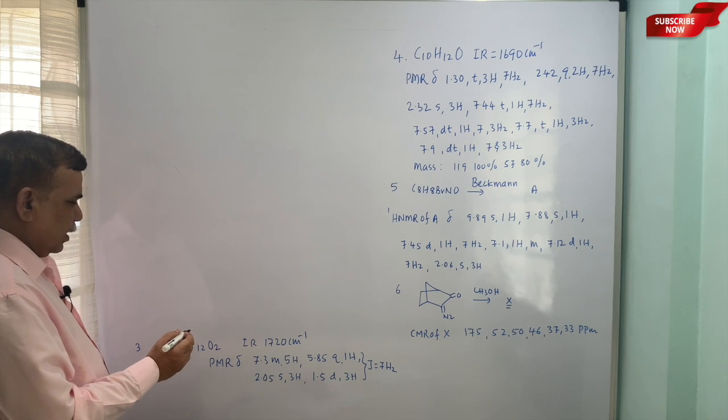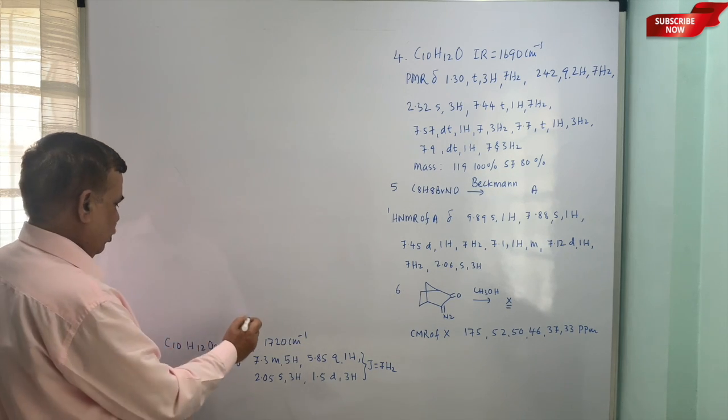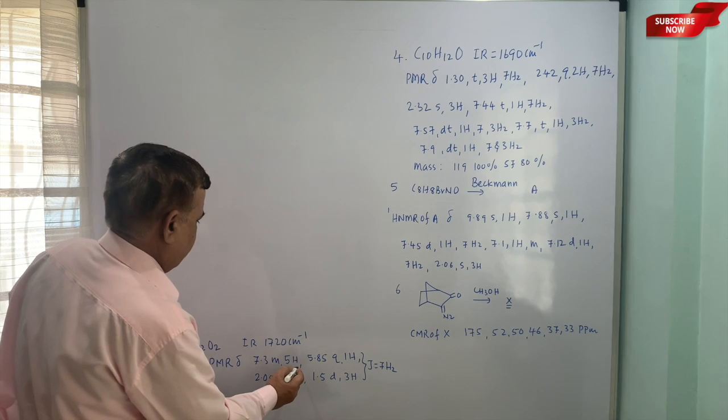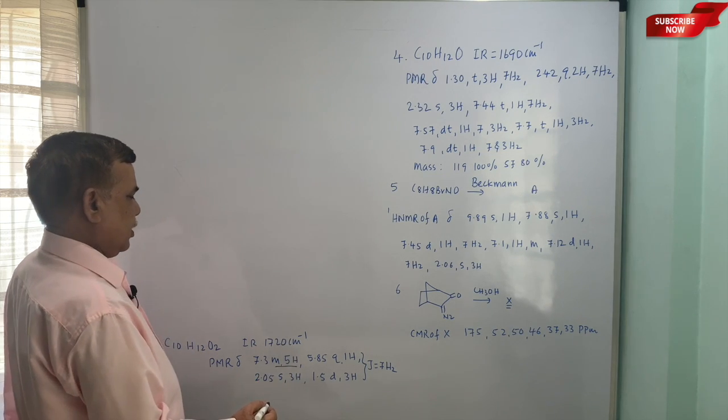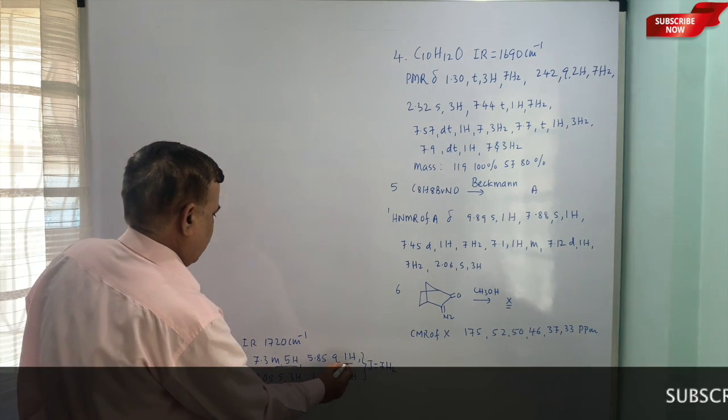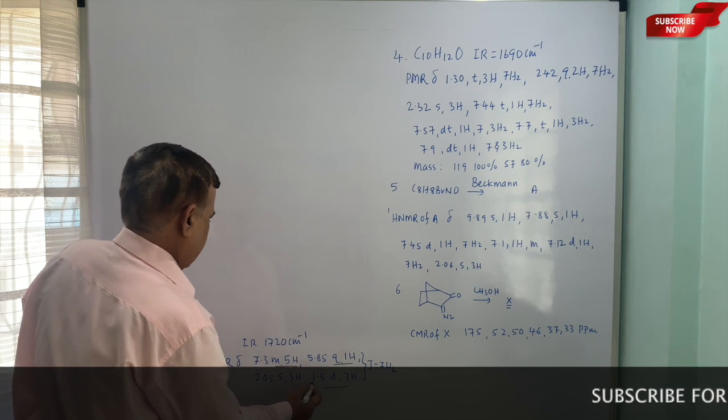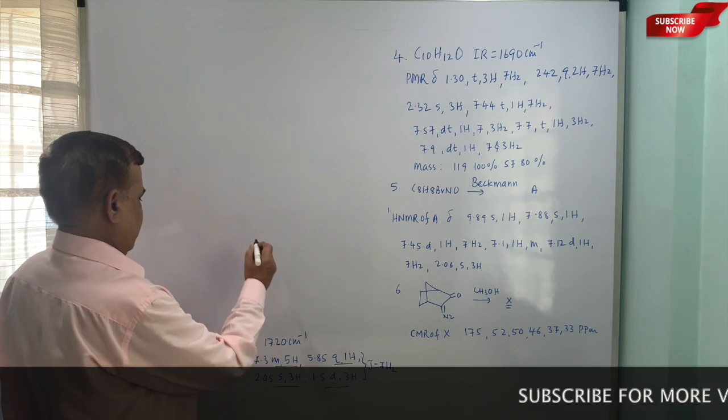C10H12O2, IR 1720 looks like a ketone, and then 5 protons is a mono-substituted ring, quartet, and this is COCH3.